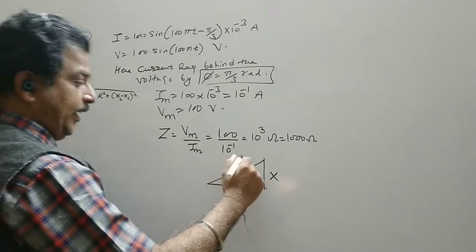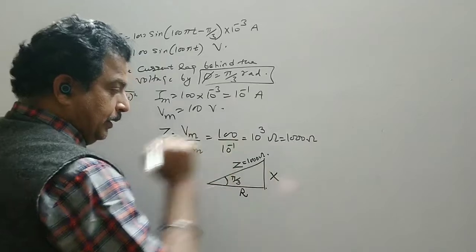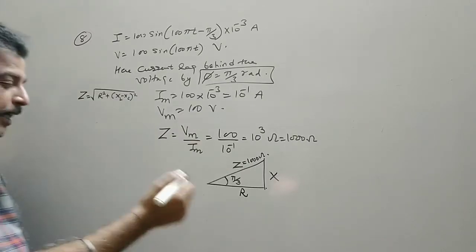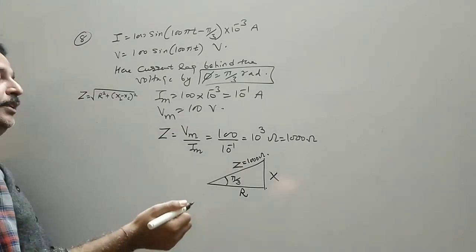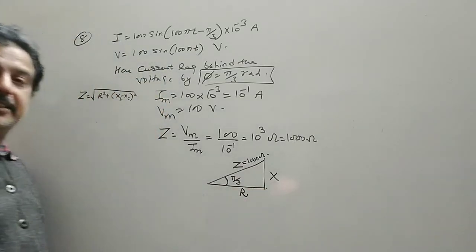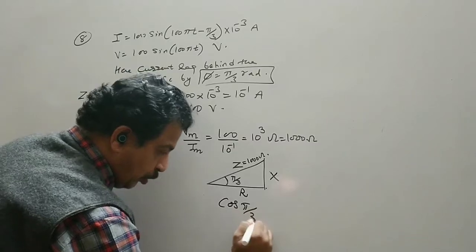Now this Z is equal to 1000 ohms. Now I have to find out the R in the circuit. So we take the help of a trigonometric function. The hypotenuse is known and we need the adjacent side, so we take the help of cos theta.